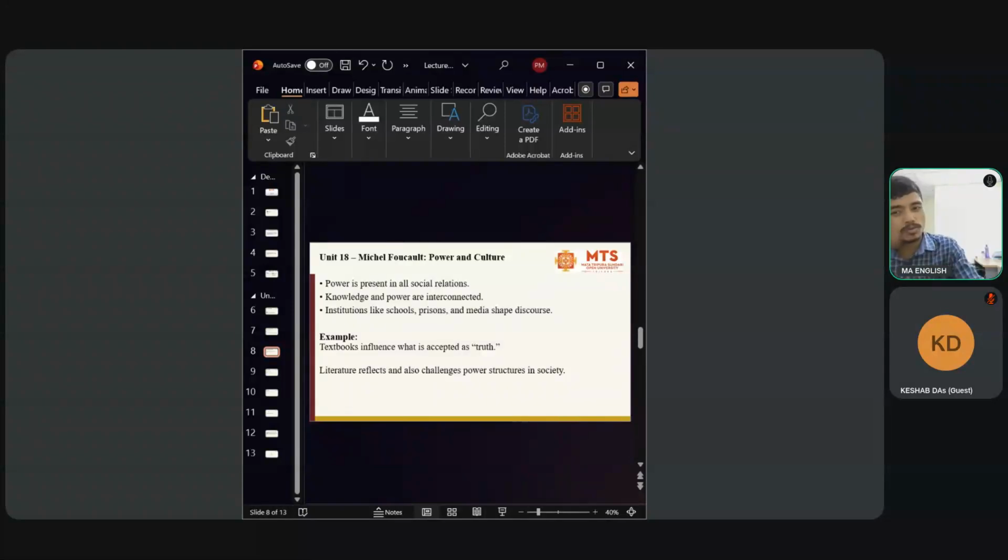So medical discourse, legal discourse, educational discourse, each of these defines what is normal and what is abnormal, who is an expert and who is not.